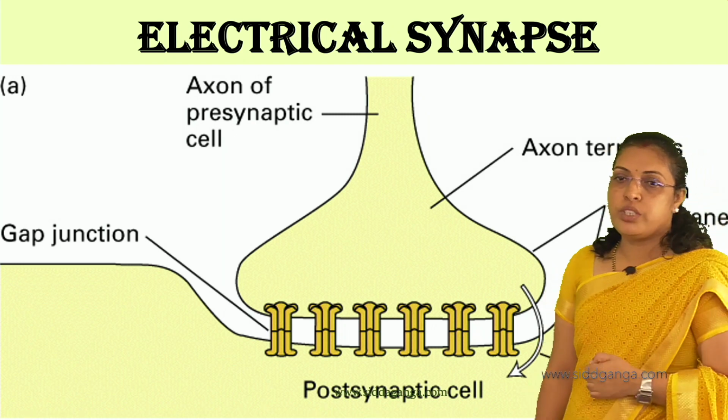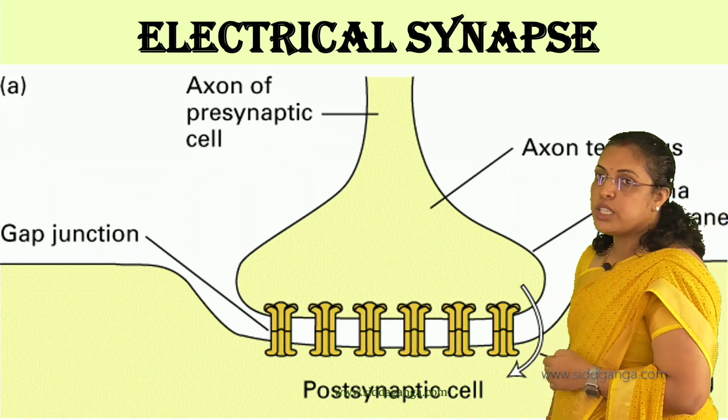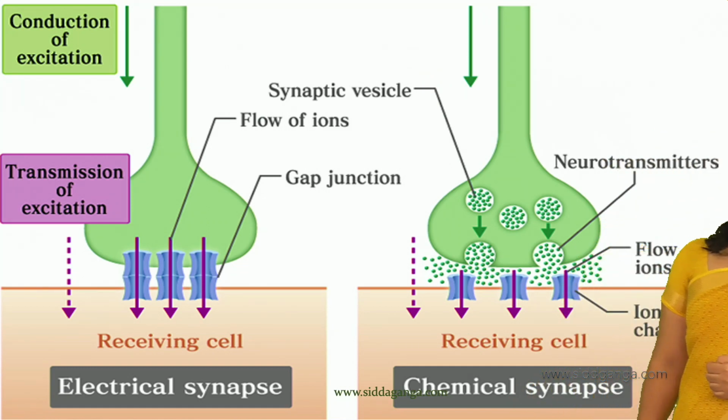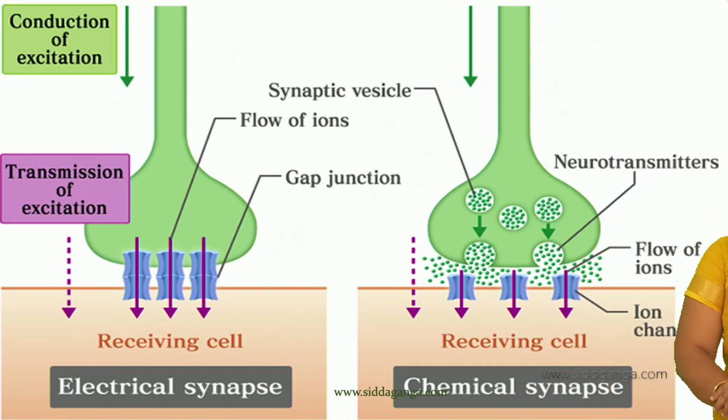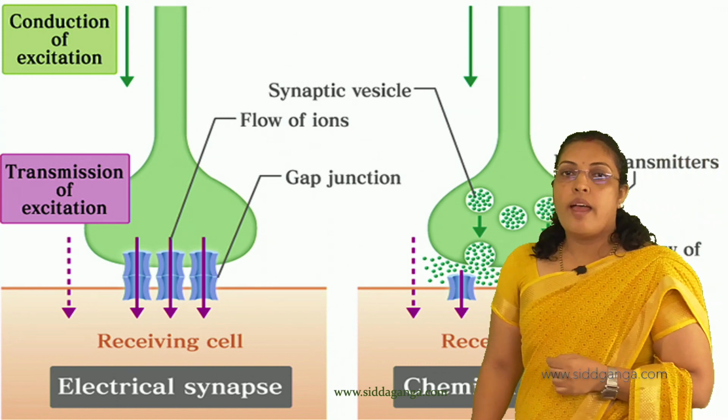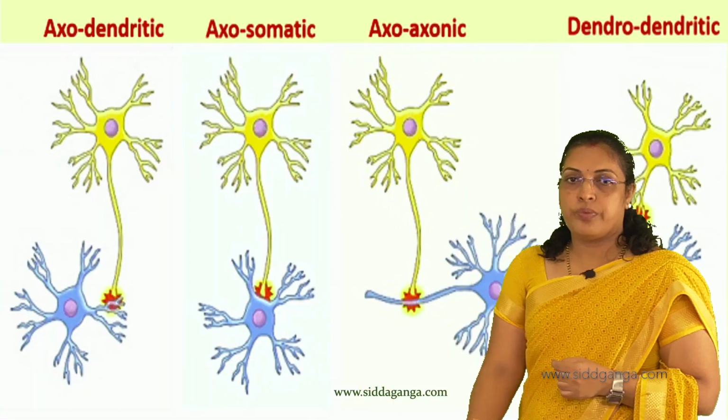This is the diagram which explains the electrical synapse. Again, this shows both the synapses, electrical and chemical. In the chemical synapse neurotransmitters are present, whereas in the electrical synapse neurotransmitters are absent.